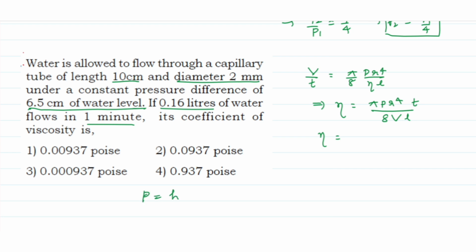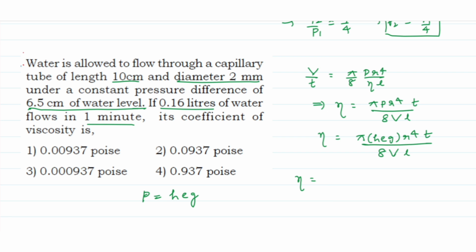That means you can take P equal to h rho g, the pressure at a given depth. Here I am substituting pi into h rho g into R power 4 into t by 8 into V into L.